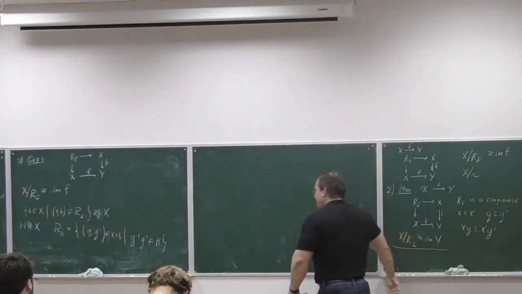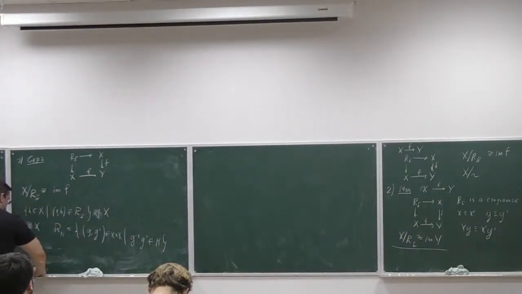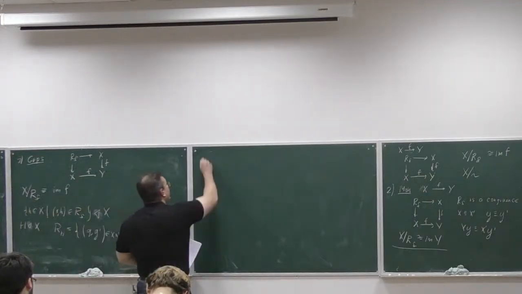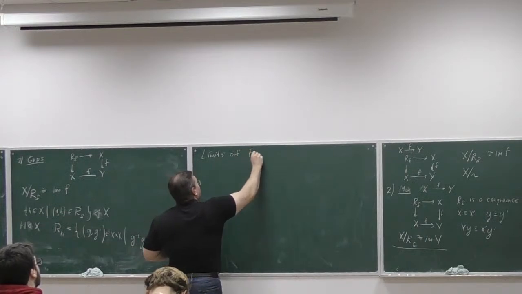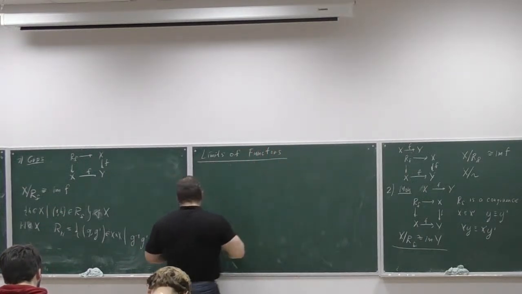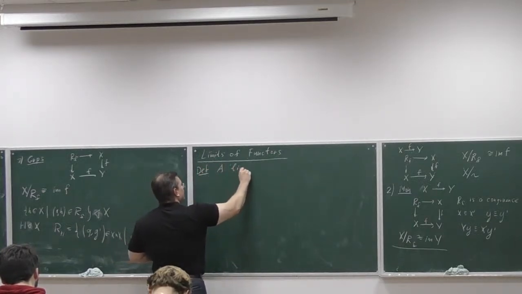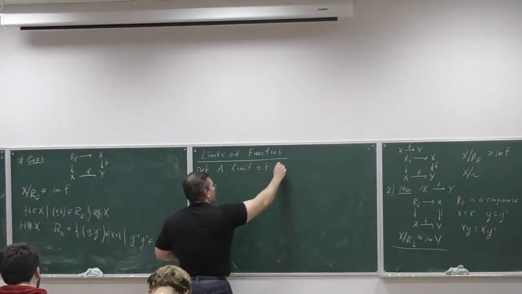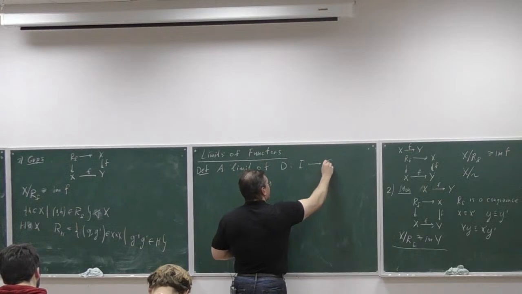Okay. Now you saw a lot of examples, so it's time to give you a general definition. So, limits of functors. Definition: a limit of a functor.